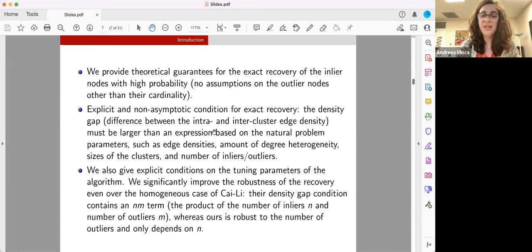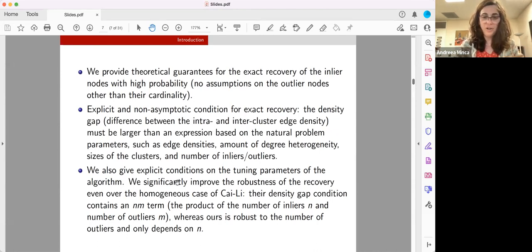This gap must be larger than an expression based on natural problem parameters, such as the edge densities, the heterogeneity, the size of the cluster, and the number of inliers and outliers. These theorems are essentially existence theorems. They say there exists a range for the tuning parameters that make sense and that will guarantee the recovery of the clusters.